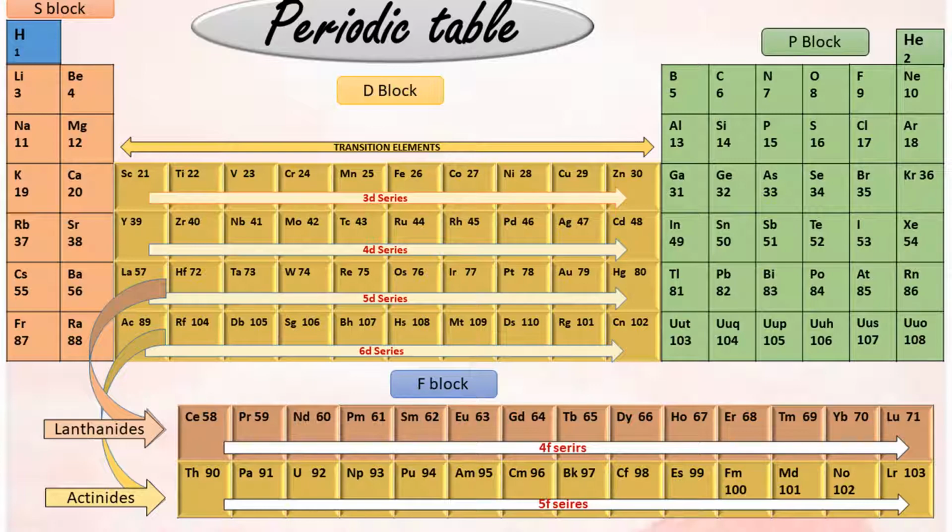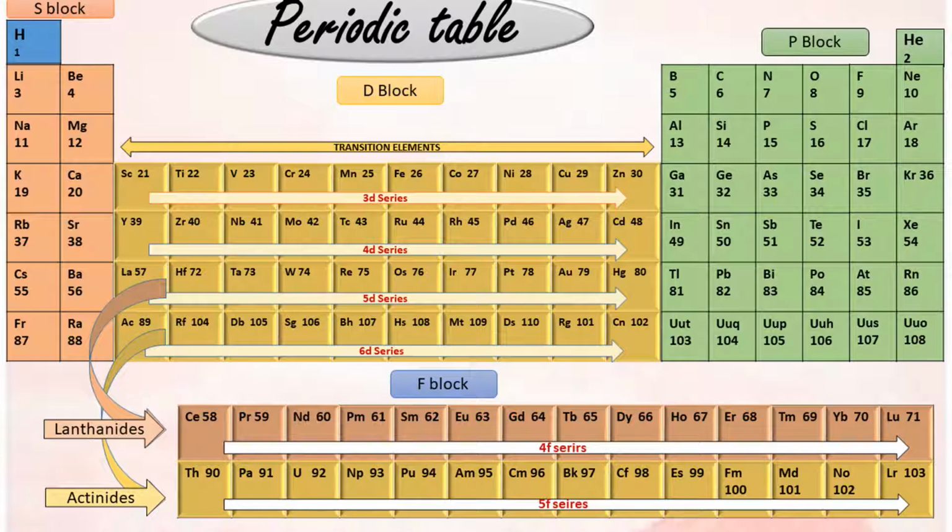In the D block elements, the electron enters the last but one shell, that is the penultimate shell. This results in four horizontal rows which are known as 3D series, 4D series, 5D series and 6D series.